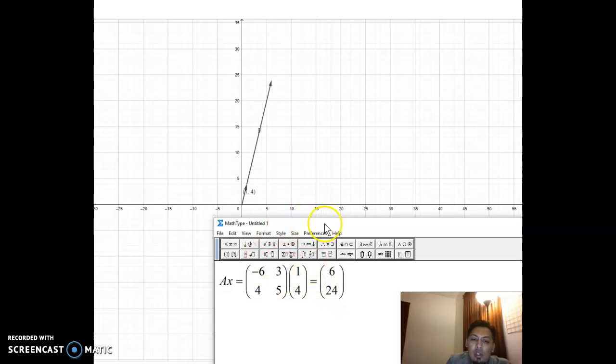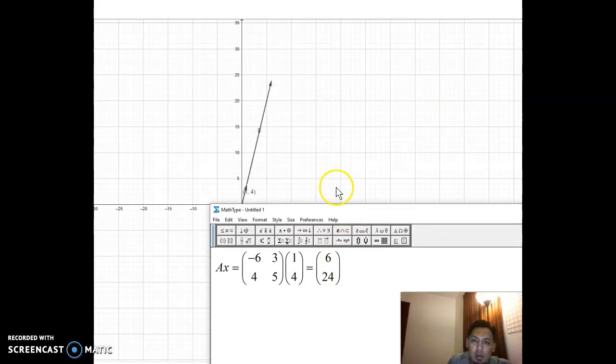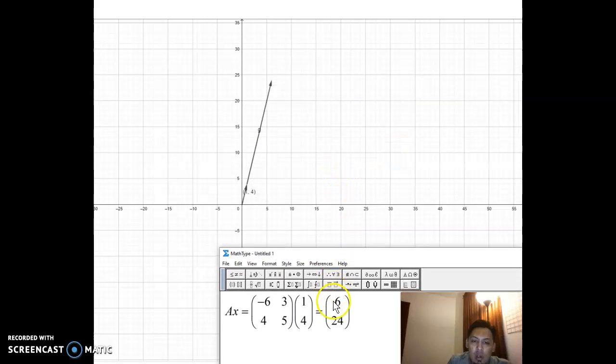If we just multiply it like this, this is what you get: 6, 24. This is the coordinate after you multiply this matrix with the vector. So you can see here it is 6 and 24.